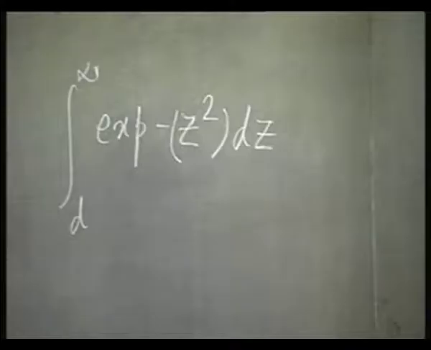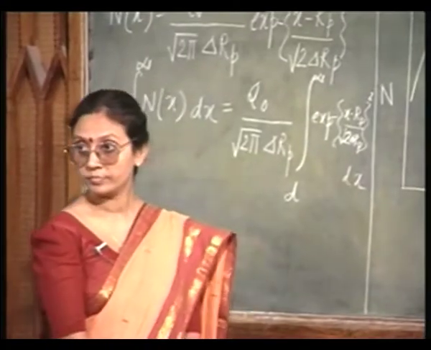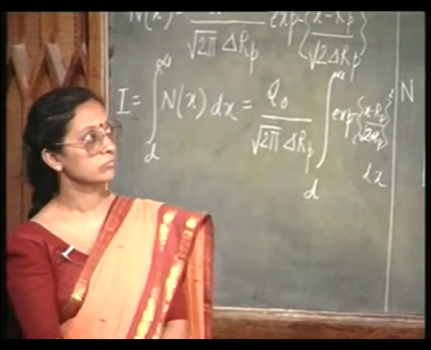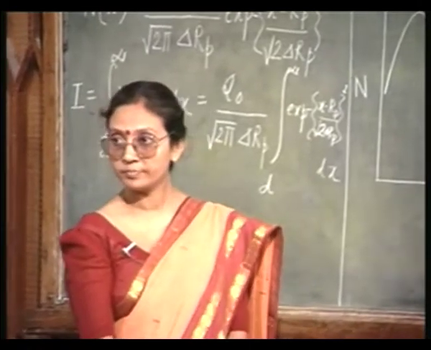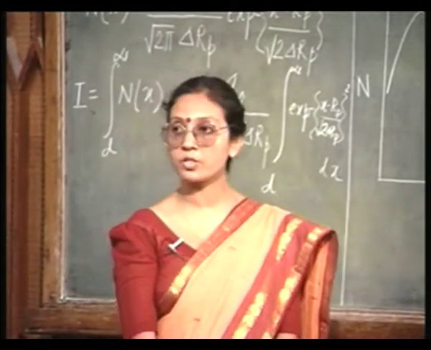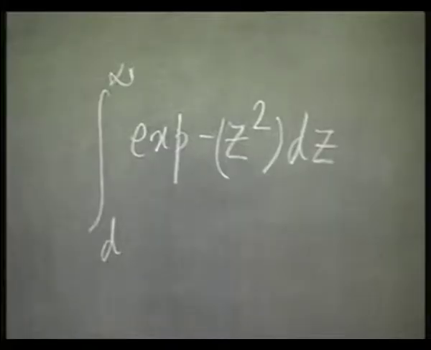What I have is of this form, integral something to infinity, d to infinity exponential minus z square dz.